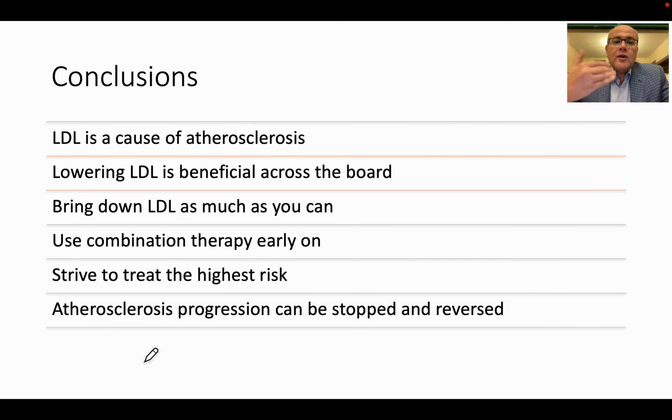We use combination therapy now early on, especially in the highest risk individuals, where we strive to give them combination therapy, and we even go into arguments with the insurance that this patient should get the therapy, because we know that atherosclerosis progression can be stopped or reversed if the patients are given the treatment and their LDL values reach the target.